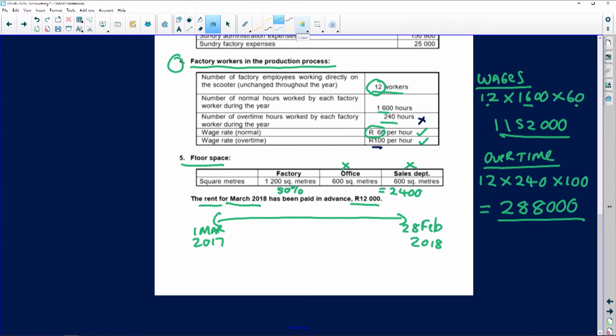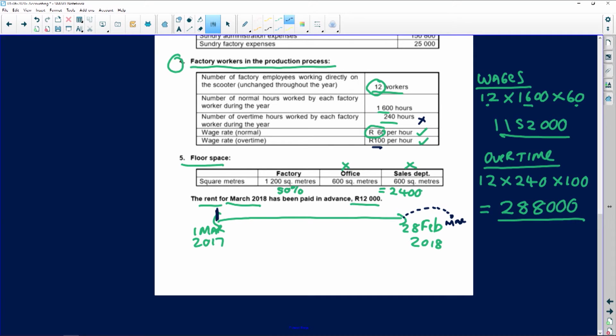Now, they are clearly telling you that the rent for March 2018 has been paid in advance. Now, the matching principle clearly tells me that if it doesn't belong in this particular financial year, I now need to adjust my rent amount. In other words, I need to now subtract the rent that was paid for the next financial year.